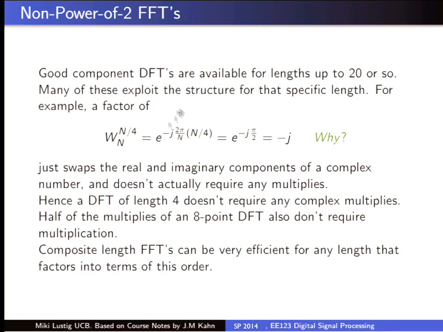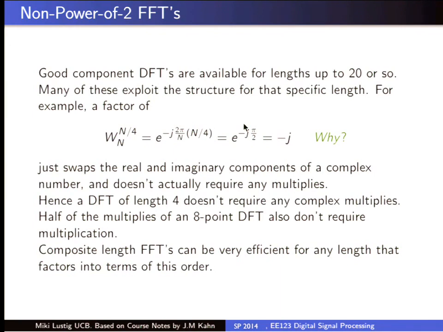So if you look at a 4-point DFT, if we have a twiddle factor of W sub n to n over 4, it turns out that this is minus j. If you have that factor multiplying your signal, you don't even need to compute anything. You just replace the real with the imaginary one.